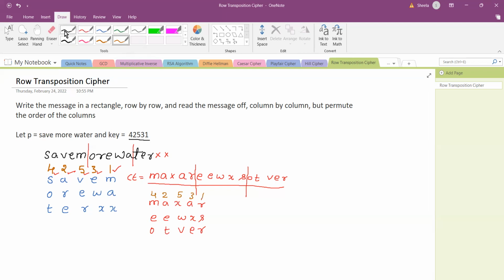According to that, the first column elements are R, S, R. The second column elements are A, E, T. The third column elements are A, X, E. The fourth column is M, E, O. The fifth column is X, W, V. This is how we get the ciphertext after the second round.